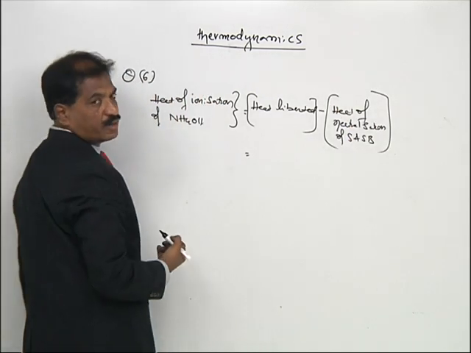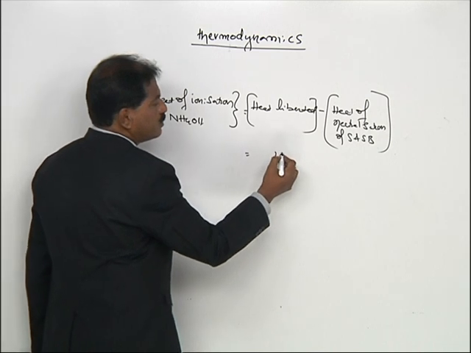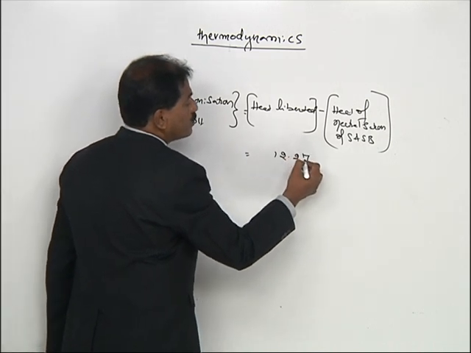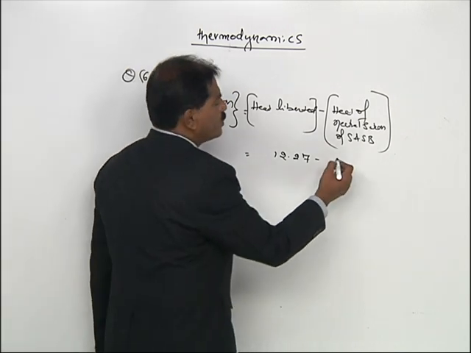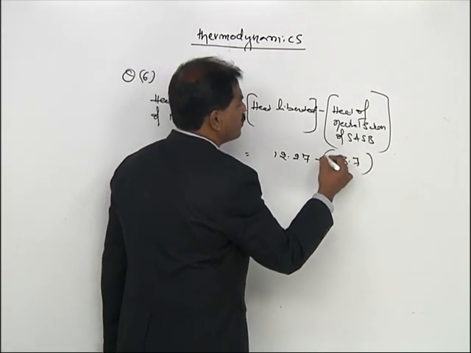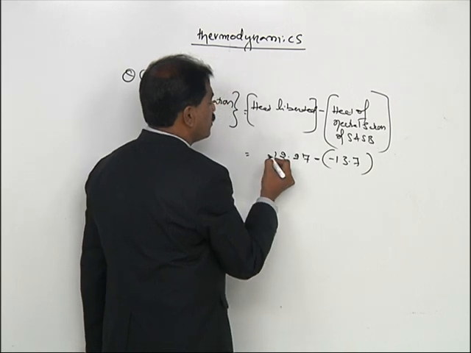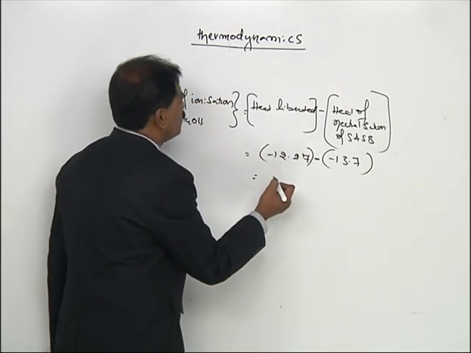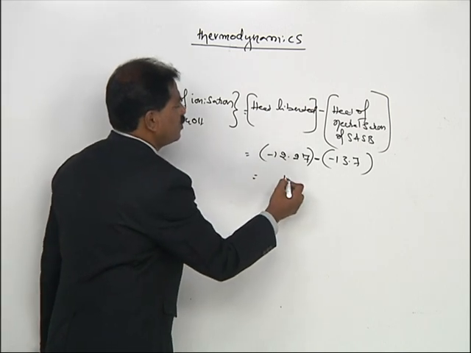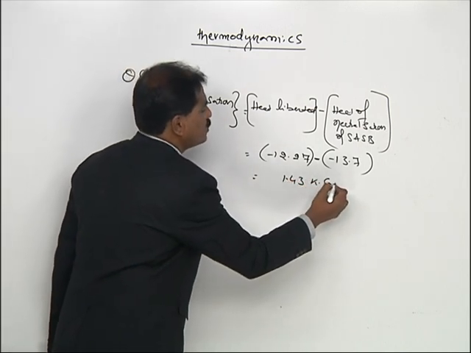Heat liberated here is 12.27 minus 13.7. Therefore, heat of ionization is 1.43 kilocalories per mole.